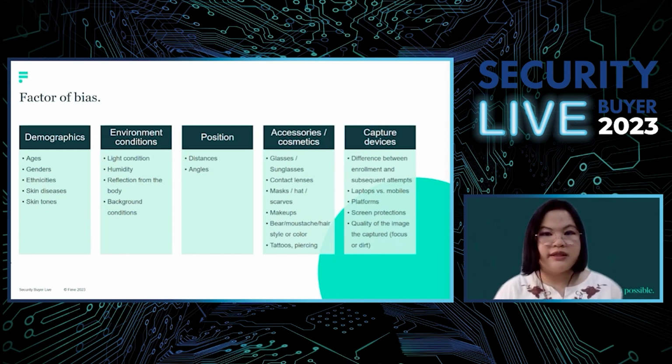Does it produce the same results? Does it bring some differences, not only in the user journey, but also in the comparison? For example, with facial recognition, the cameras on laptops, on my smartphone, and at the government agencies will be different. So these are all areas we should really look into.